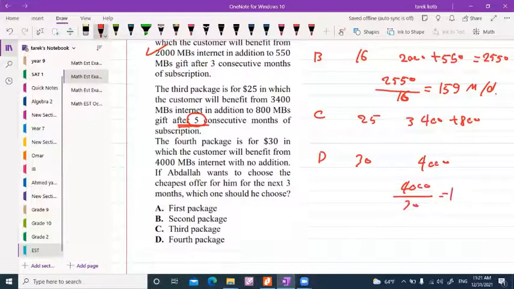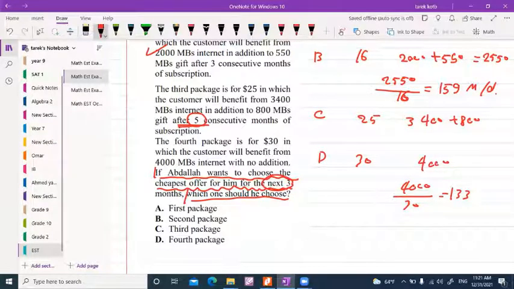Let me see the question. The question starts from which one should be. Okay. If Abdullah wants to choose the cheapest offer for the next 3 months, this is why I have to discard the one with 5 months.